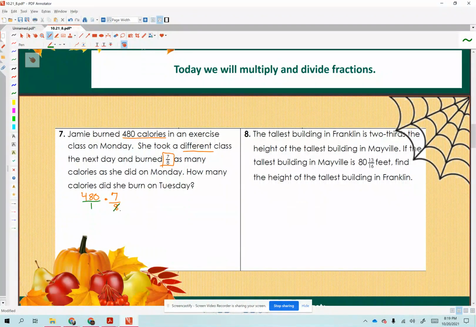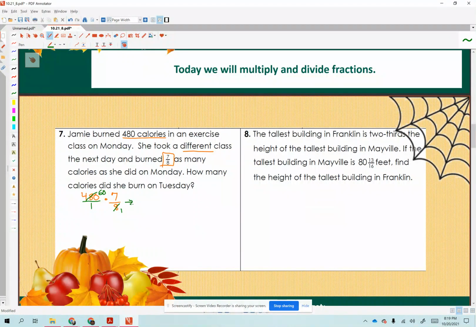So 8 divided by 8 is 1. And 48 divided by 8 is 6. So therefore, 480 divided by 8 must be 6 with a 0, 60.